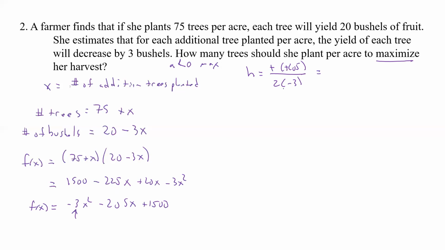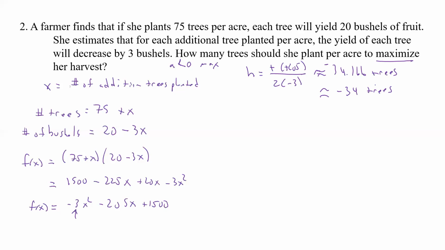And so we'll take 205 divided by 6, and it's 34.1666. Can we have parts of trees, because x is the number of trees? So it's going to be approximately 34.166, and it's a negative trees. Nah, I'm just going to say it's approximately negative 34 trees. Okay, so that's where I'm going to say it's what it is.